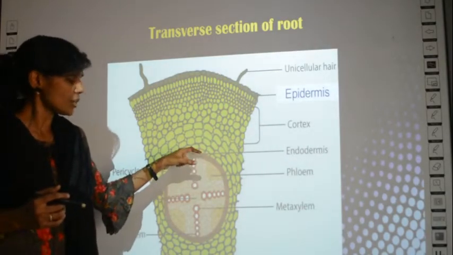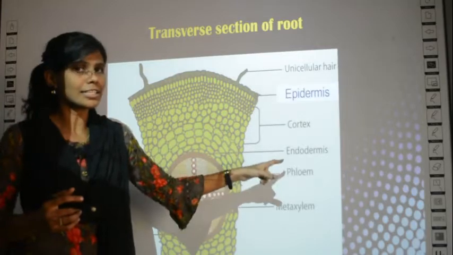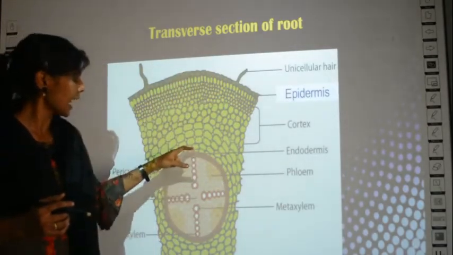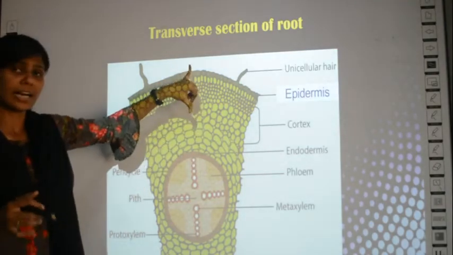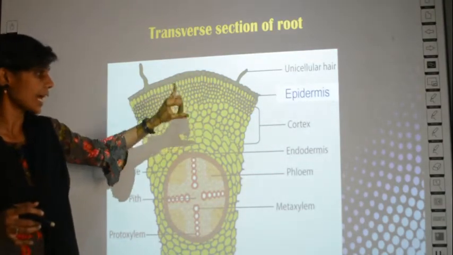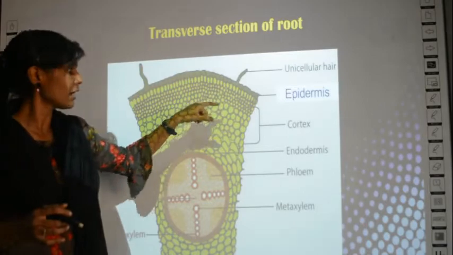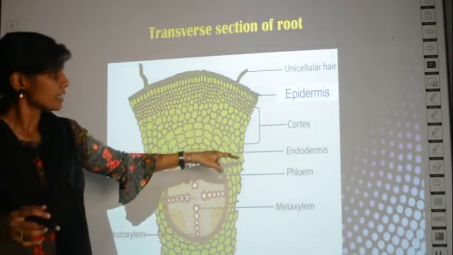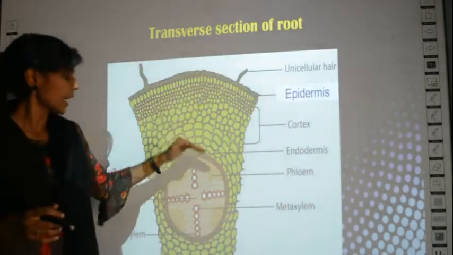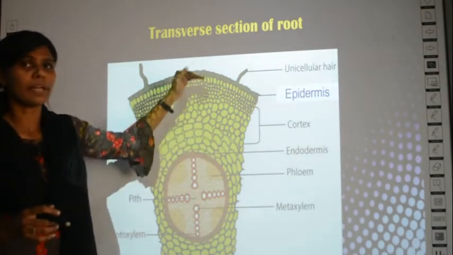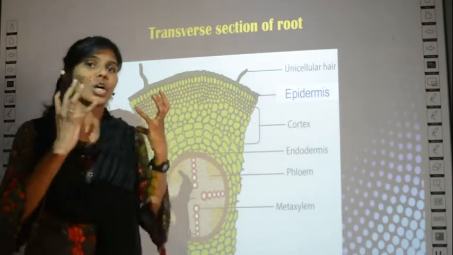The outer brown color circle is called endodermis. So epidermis and endodermis, and in between the epidermis and the endodermis, you have many round structures. Those structures are called cortex.